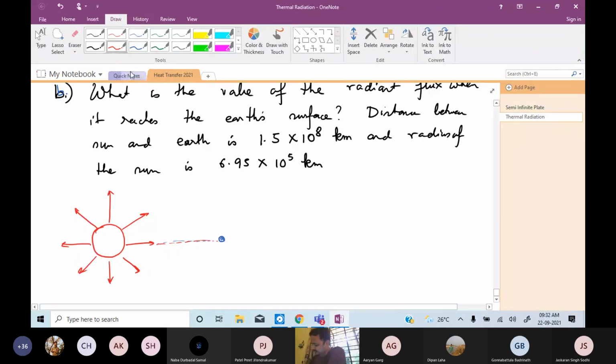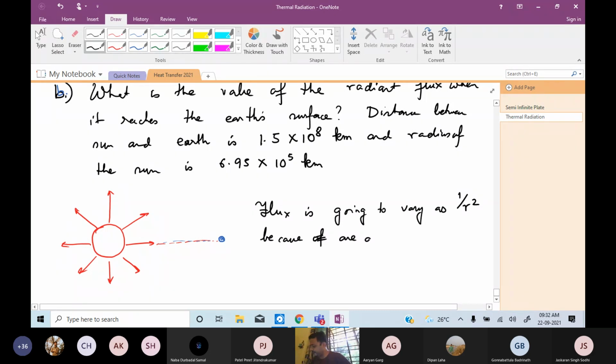So what Mr. Sodhi said is absolutely correct. The flux is going to vary as 1 over R squared. Why? Because the surface area of a sphere is 4 pi R squared.